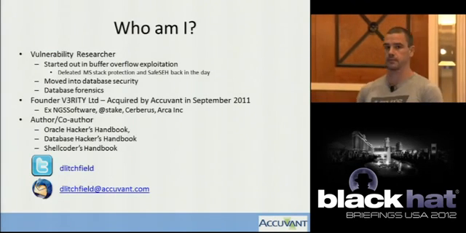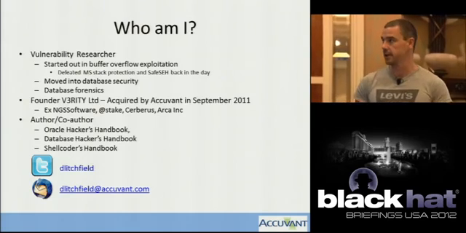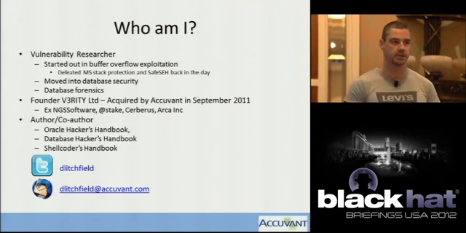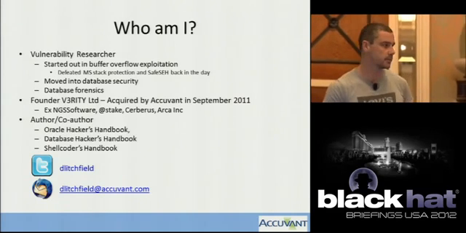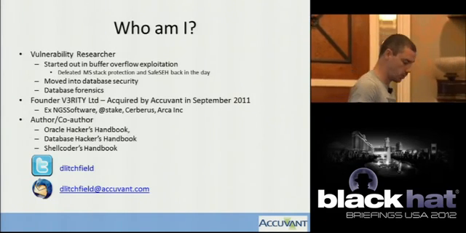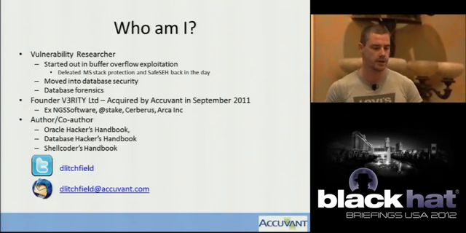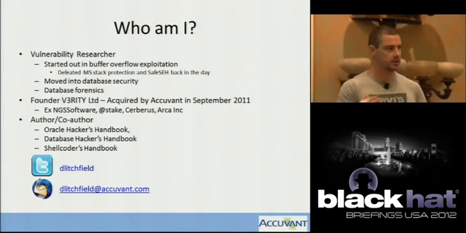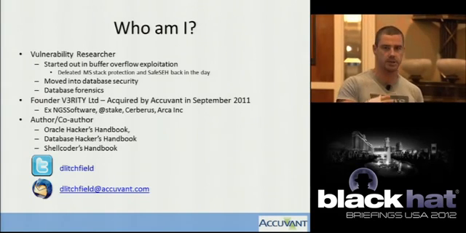So who am I? I've been kicking around the industry for about 15 years now. Primarily, I'm a vulnerability researcher. I started out in buffer overflow exploitation a long while ago. I knew about this magic thing called buffer overflows that I didn't quite understand.